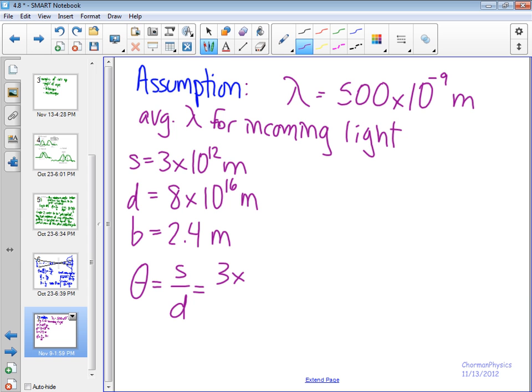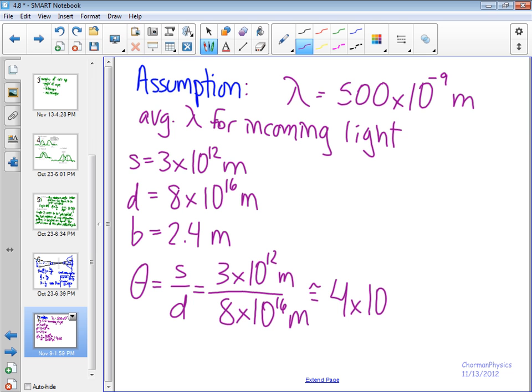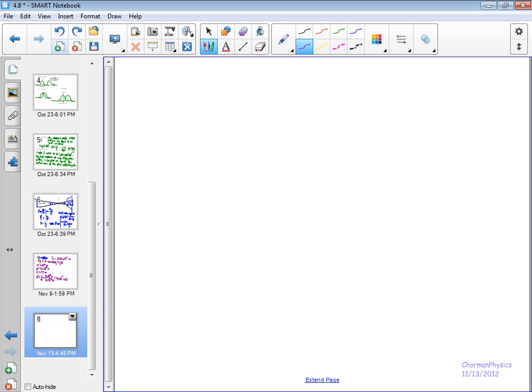Anyway, the angular separation that is needed to resolve these stars comes down to the ratio of these two dimensions. So for these stars to be just resolved, with sig figs, we would need 4 10,000ths of a radian resolving power.